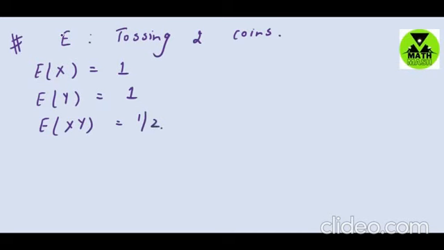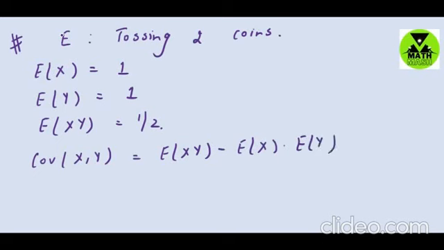So from here, covariance of xy is expected value of xy minus expected value of x into expected value of y. So this is equal to 1 by 2 minus 1 into 1, which is nothing but minus half. So here covariance of xy is equal to minus half, which is not equal to 0.